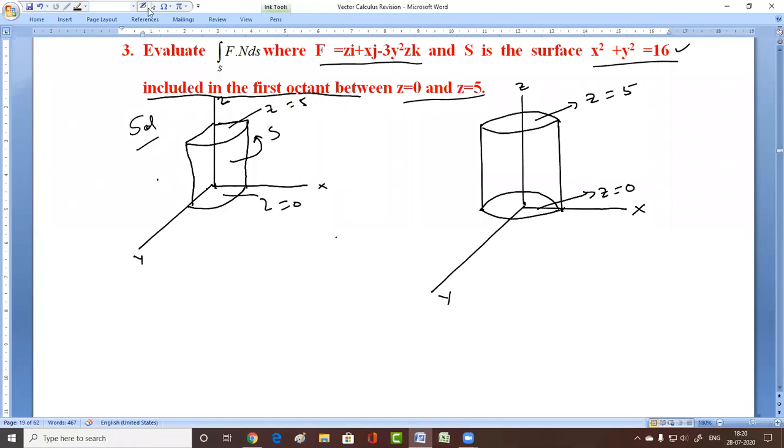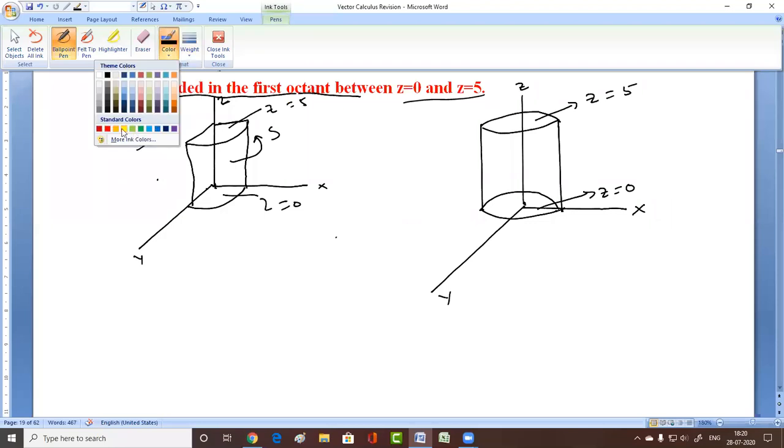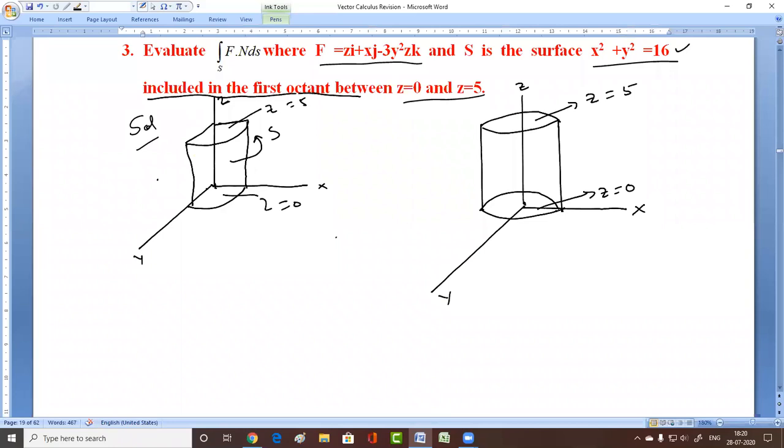I will write with another color, just for understanding. Yellow color. Now this is entirely the curved surface, 1/4 of the cylinder.